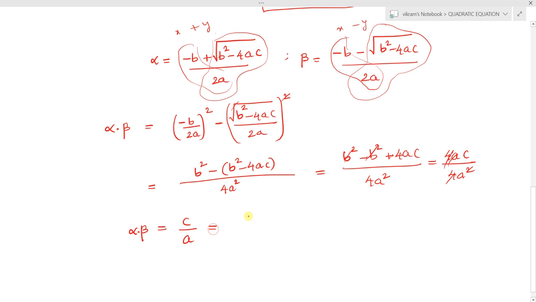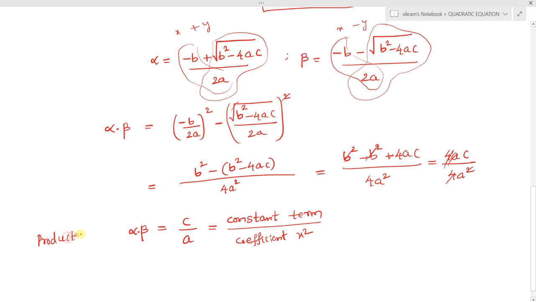What is c? It is the coefficient of x power 0, nothing but the constant term, divided by the coefficient of x square. Now alpha multiplied by beta is the product of roots.